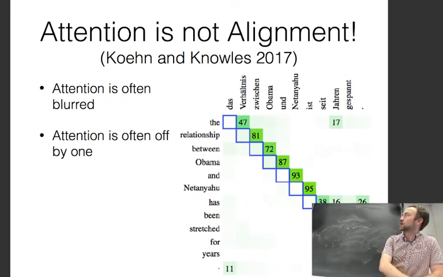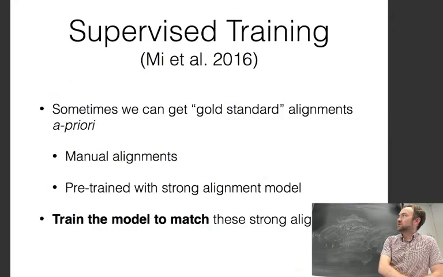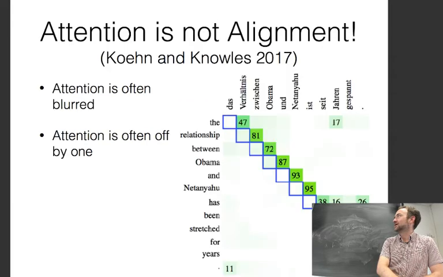So there's not a really, really strong motivation for it to get the attention directly on the word itself, but it might get it one off like this. So yeah, this is something important to remember. Just because, let's say you did supervised training, of course you'll get a much higher alignment accuracy from your attention model, but you might not necessarily get better translations because attention is not alignment.